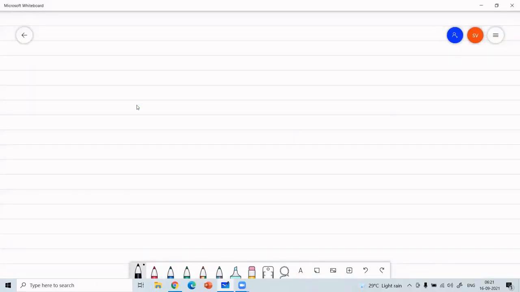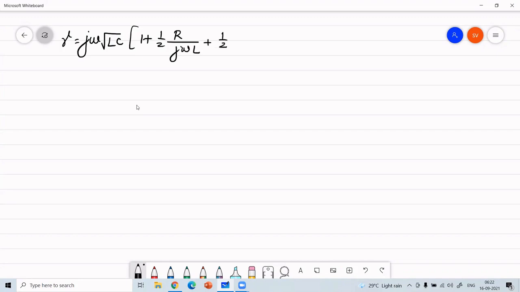Now let me write the last equation once again. That is gamma is equal to j omega into root LC into (1 plus 1 by 2 into R divided by j omega L plus 1 by 2 into G divided by j omega C).